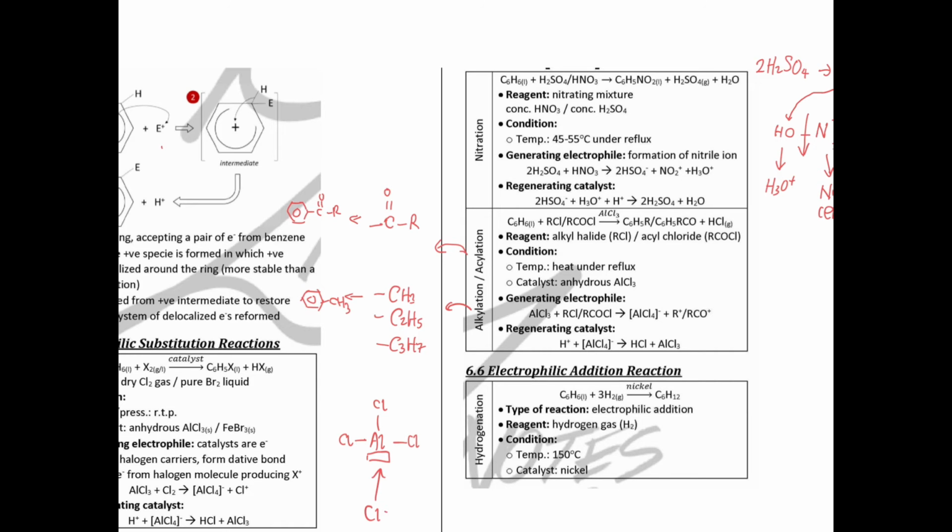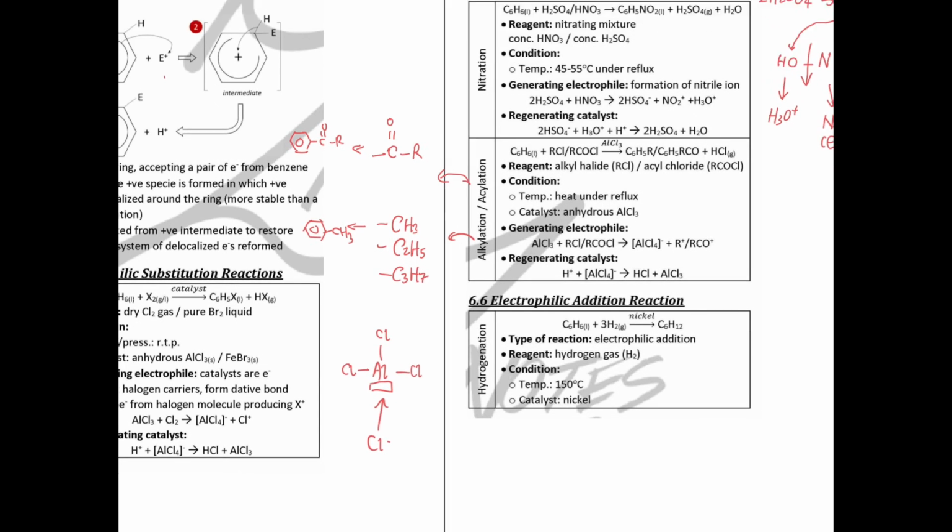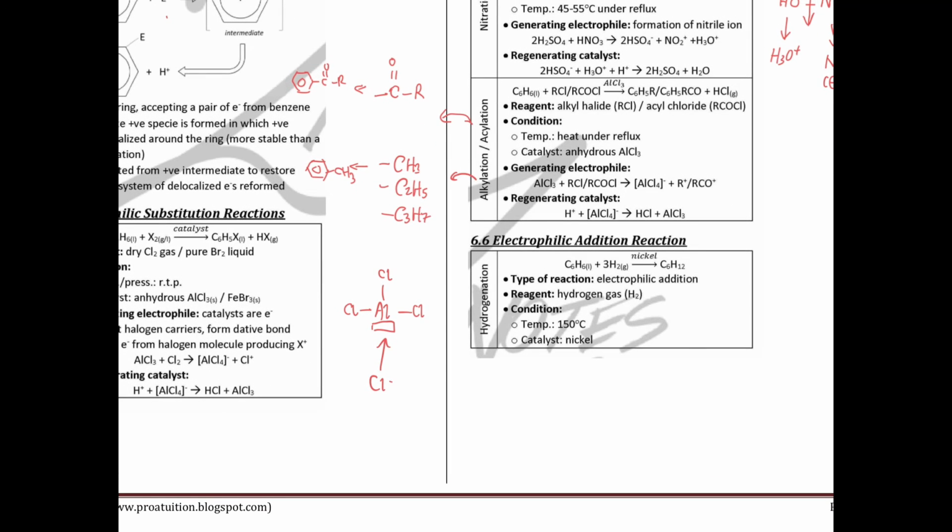Okay, now let's move on. 6.6. So at 6.6 we have electrophilic additions. So you can see something like this. C6H6 plus 3H2 becomes C6H12.